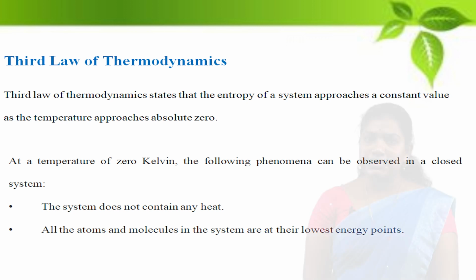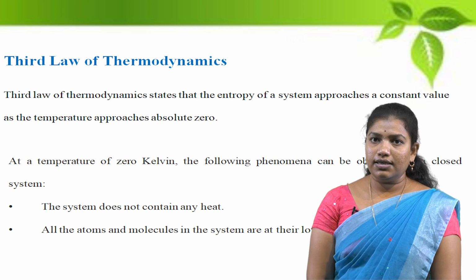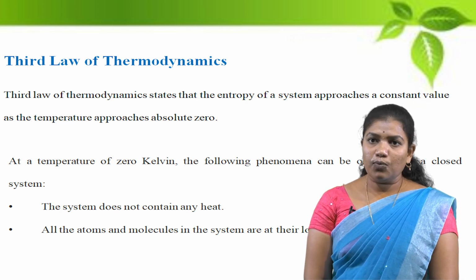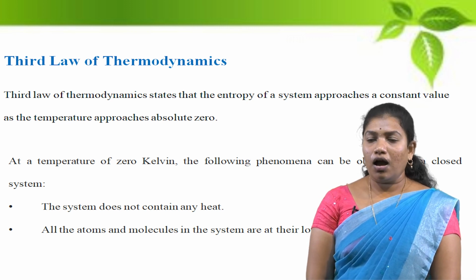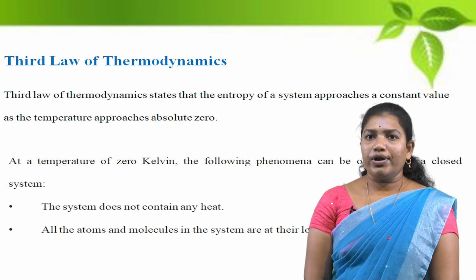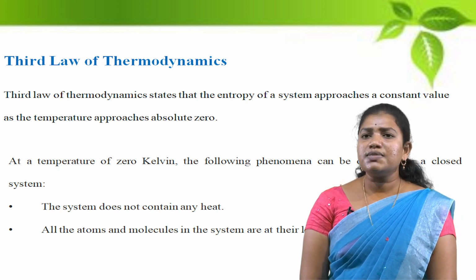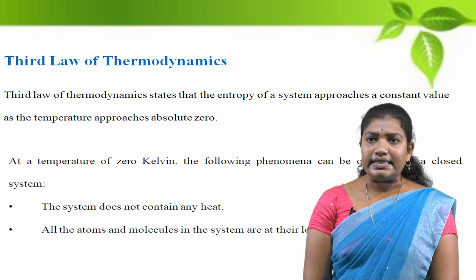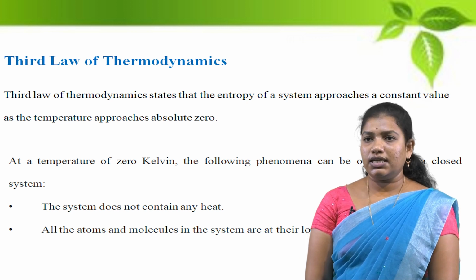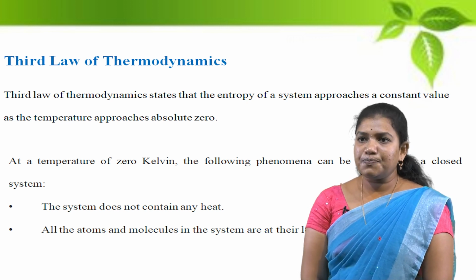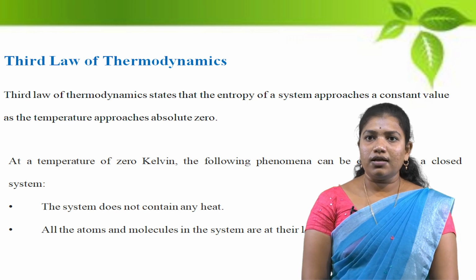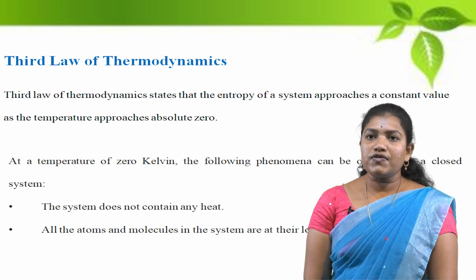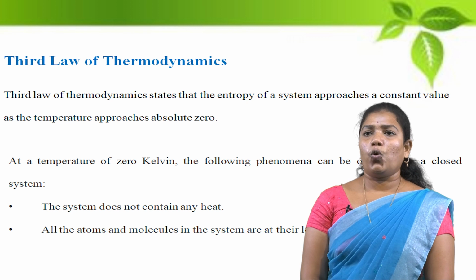First, the system does not contain any heat. All the atoms and molecules in the system are at their lowest energy point. Therefore, the system at absolute zero has only one accessible microstate, the ground state. As per the third law of thermodynamics, the entropy of such a system is exactly zero.